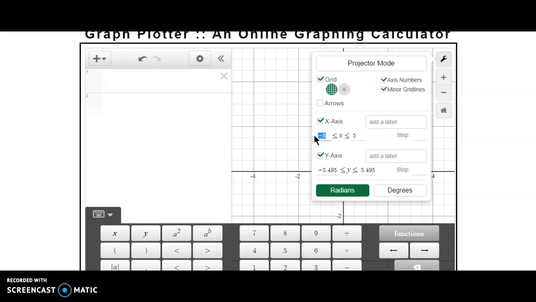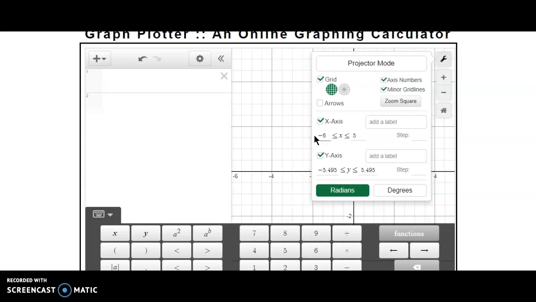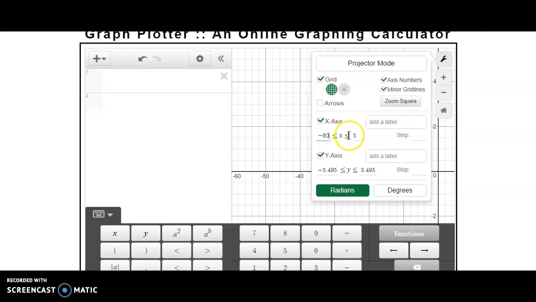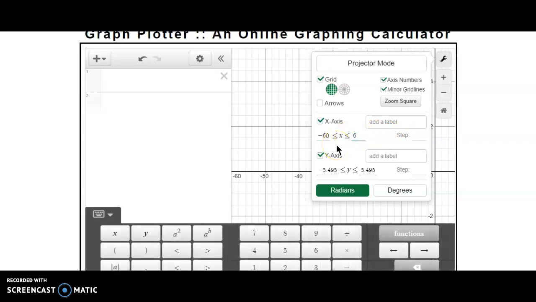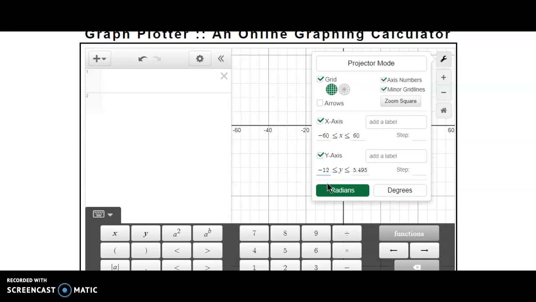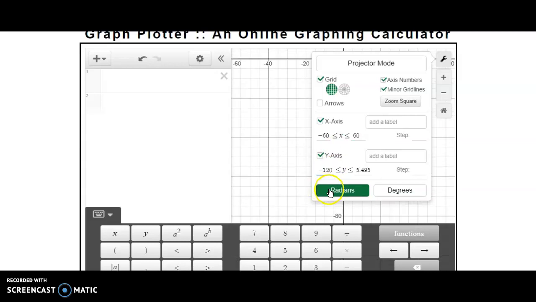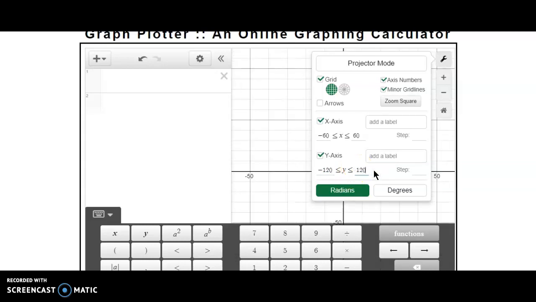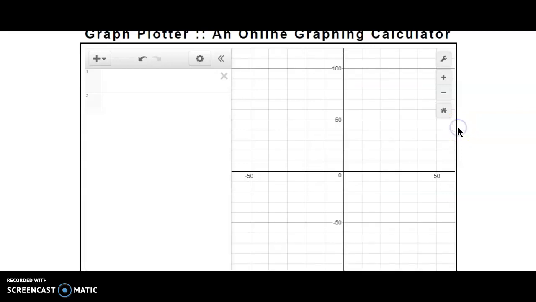I wouldn't use the negative values; I will use the positive values only. And on the y-axis, I will go from negative 120 to positive 120. This is how it will be.